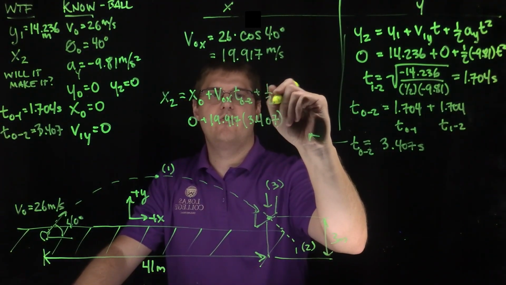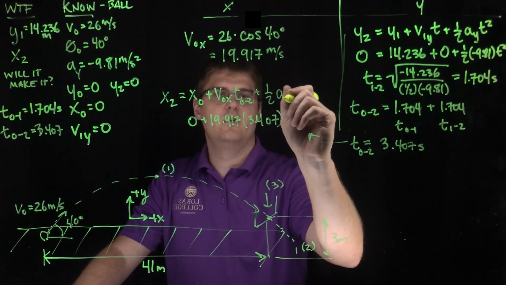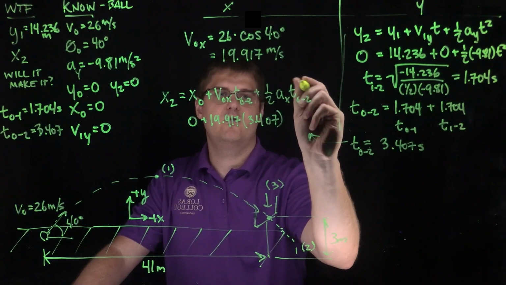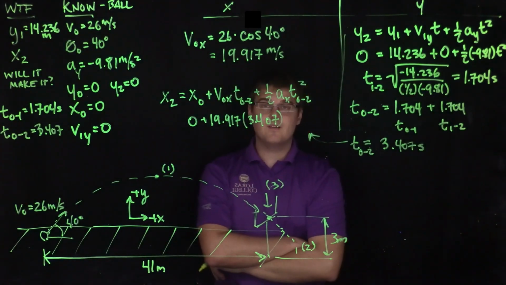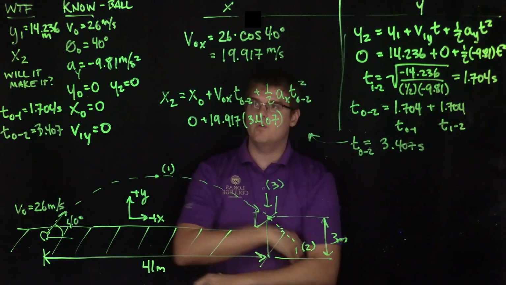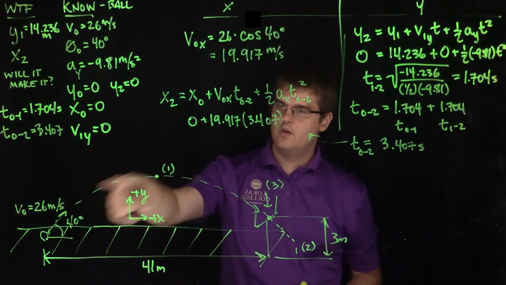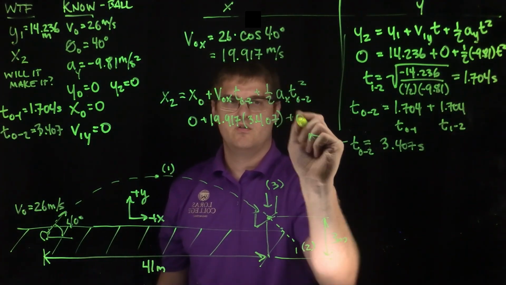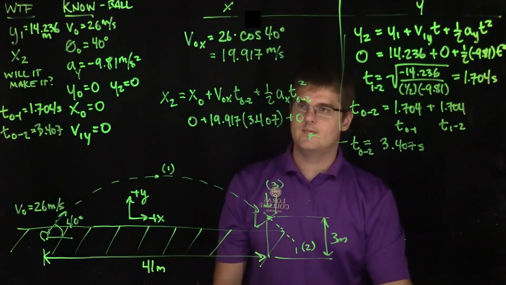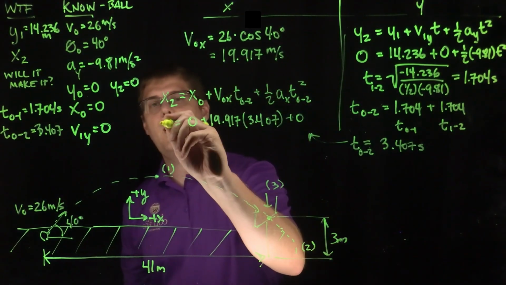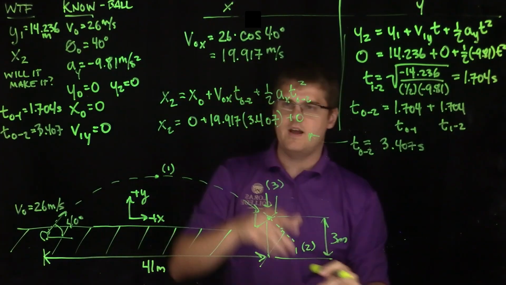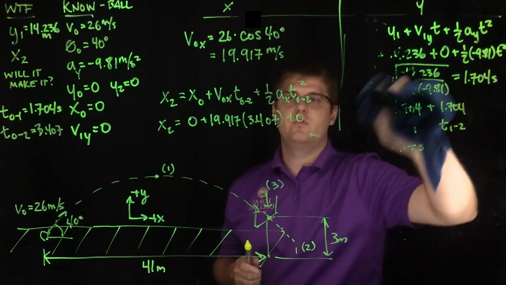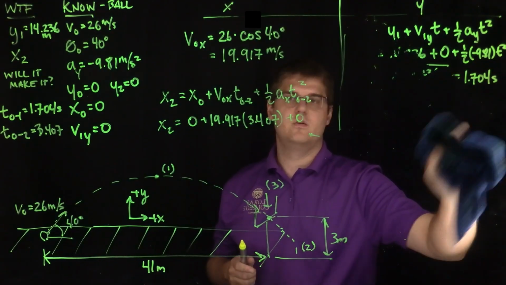Plus 1/2 acceleration in the x times time from 0 to 2 squared. Well, what is my acceleration in the x? It's 0, because the only acceleration I have, there's nothing else going on here. The only acceleration is downward. So this guy comes out to 0. So my position when it hits the ground is just 19.917 times my initial velocity.